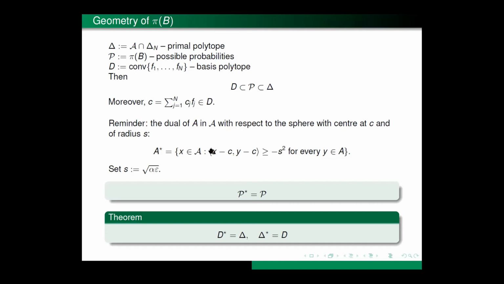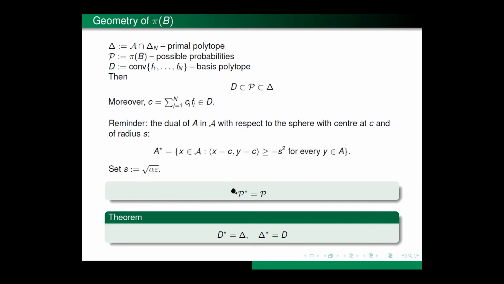Okay, thank you. The polar is here. The inequality is in a different direction, and here we don't have minus. Yes.